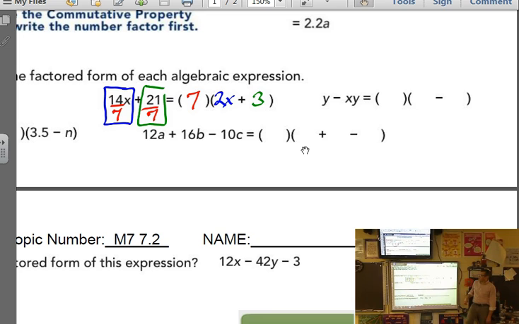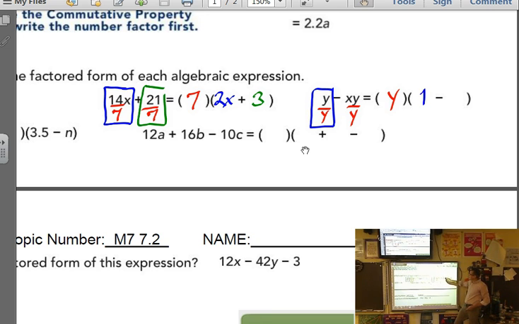Whitney, what about our common factor in y and xy? Y. The y is our common factor. It comes out front. So then, y divided by y will be just what? Any number, because y represents a number.